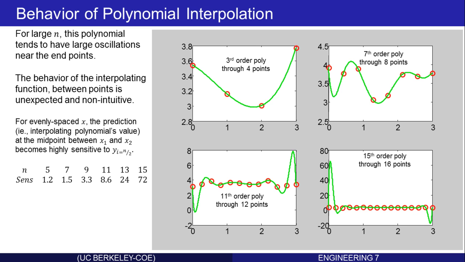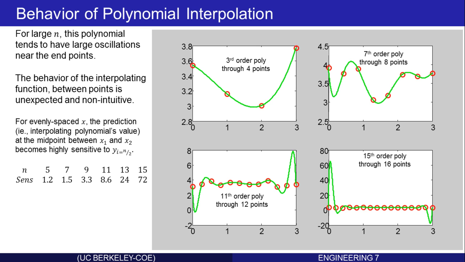So in the 15 case, it means that if the eighth value of y changes by 0.1, then the value of the interpolating polynomial between x1 and x2 will change by 72 times 0.1, in other words, 7.2. So the interpolating polynomial is extraordinarily sensitive to some of the y data, and the y data that it's sensitive to is quite far away.